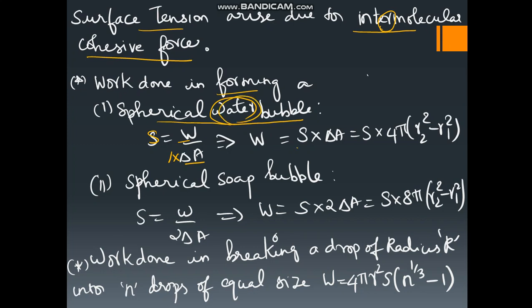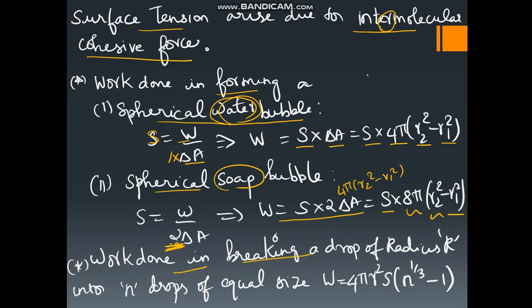So work done is equal to surface tension into change in surface area, that is S into 4 pi (r2 square minus r1 square). For a spherical soap bubble, soap has two surfaces, so in the denominator we multiply by 2. So surface tension is work done by 2 into delta A. Work done is surface tension into 2 into 4 pi (r2 square minus r1 square), which is surface tension into 8 pi (r2 square minus r1 square).